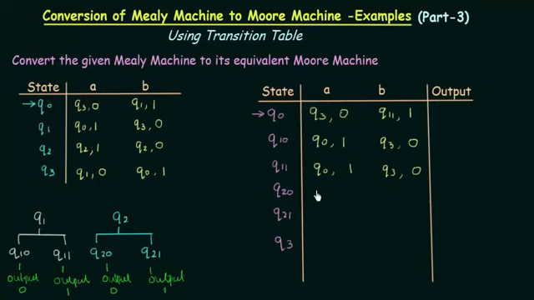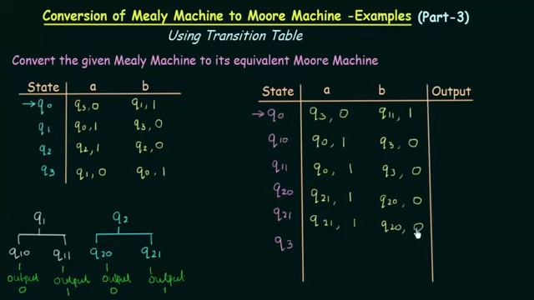So I will write Q21 here because I want the output 1. And here we need the Q2 that gives output 0, which is Q20. For Q21 also, you have to use the same row of Q2, so it will be the same as above.